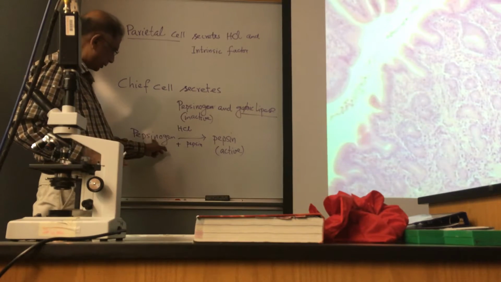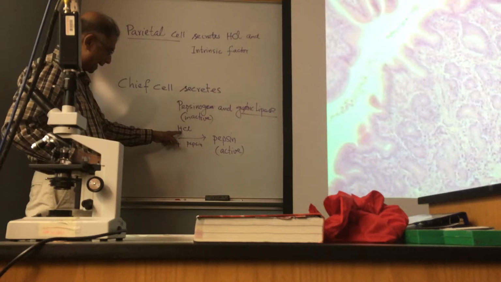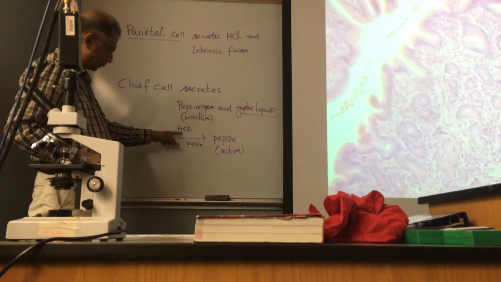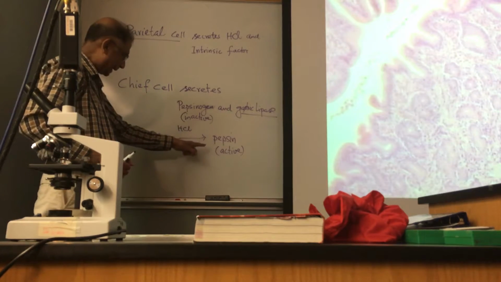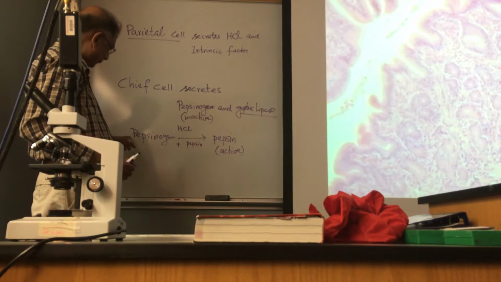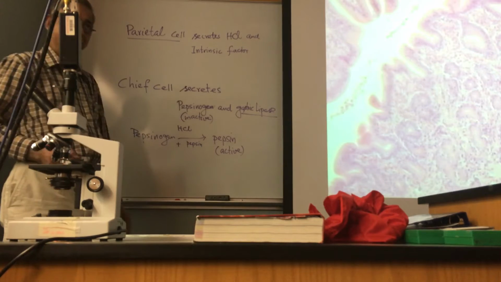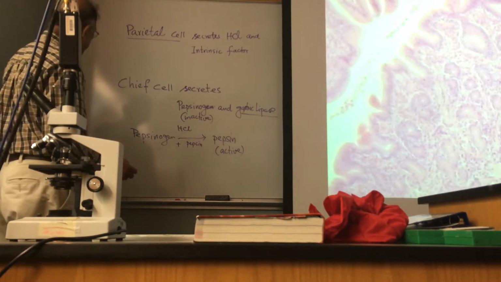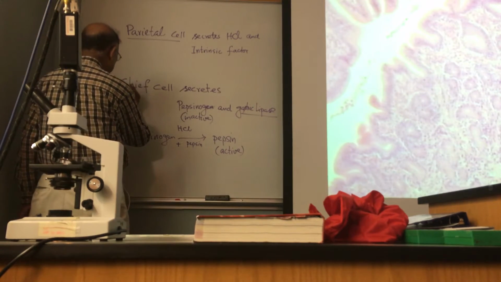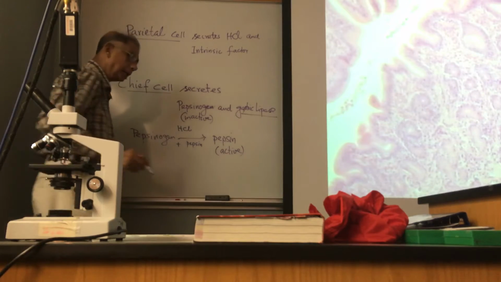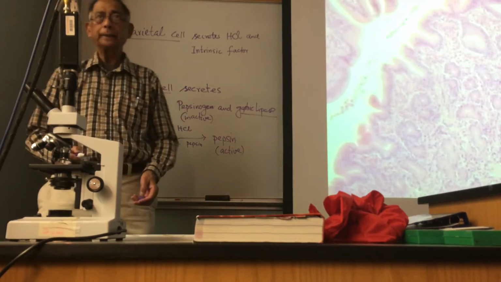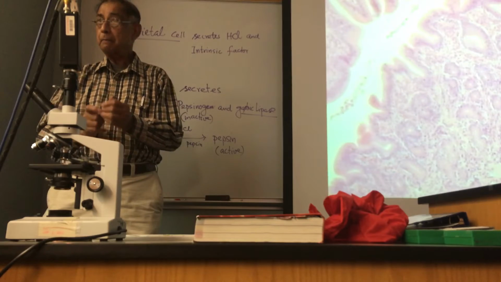First pepsinogen is converted to pepsin by hydrochloric acid, and while this is going on, this pepsin in turn activates more rapidly pepsinogen to pepsin. So these two cells, parietal cell and chief cell, you need to identify. Okay?